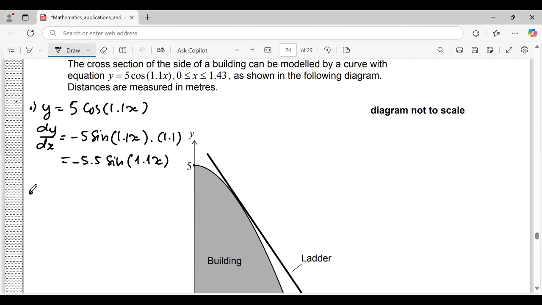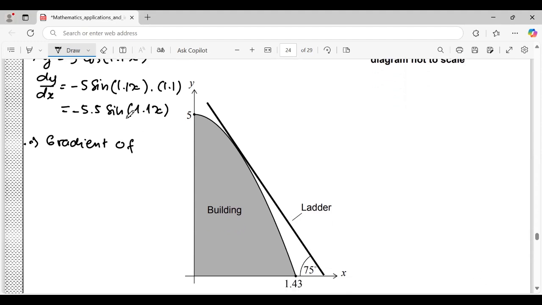The second step is we are going to find the gradient of the straight line. And the gradient is negative. Why?